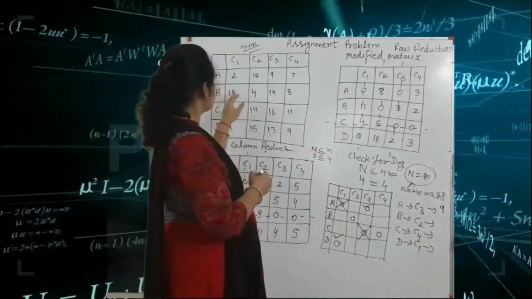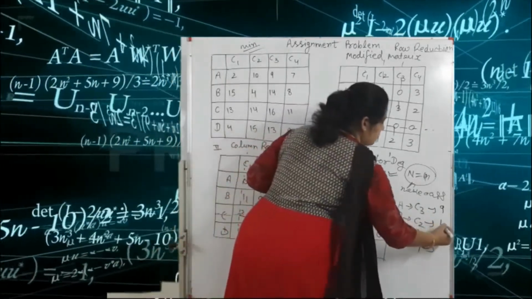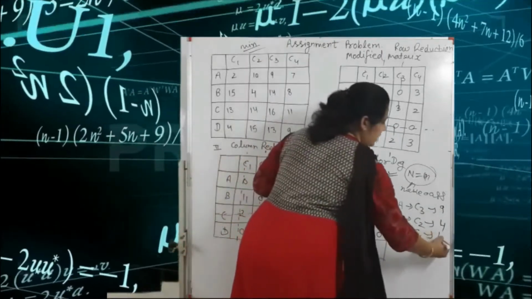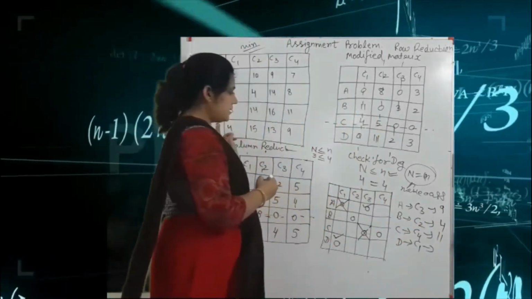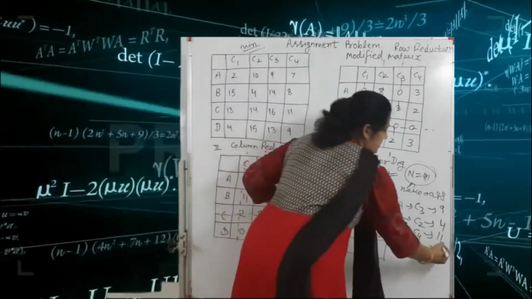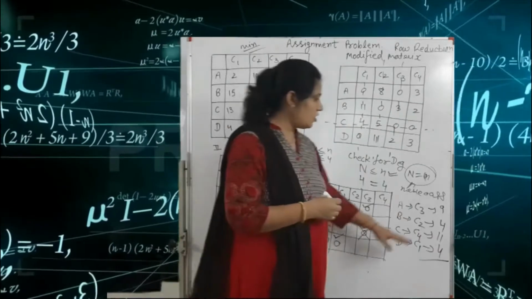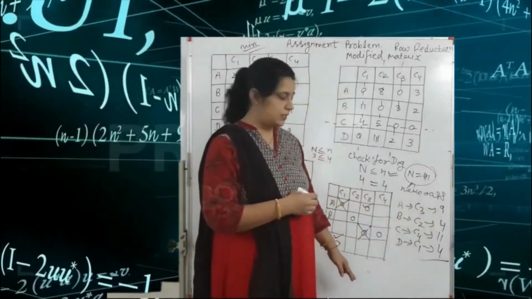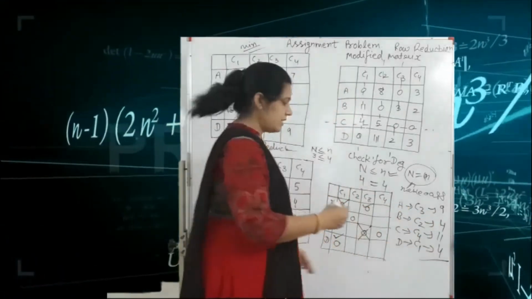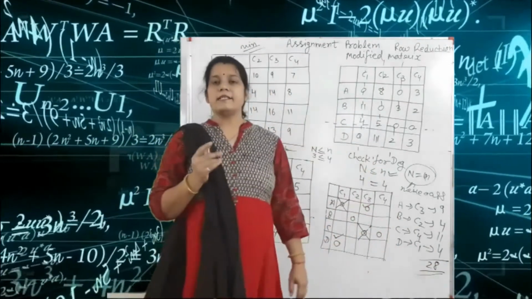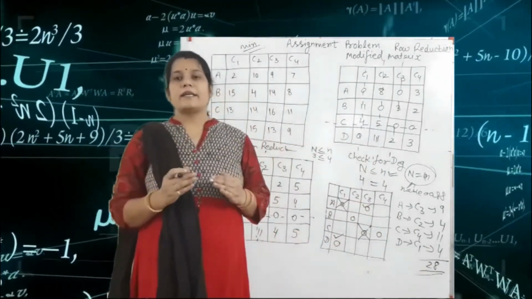B tends to C2, that means we write 4. C tends to C4, that means we write 11. And D tends to C1, that means we write 4. So our total assignment cost is 9 plus 4 is 13, plus 4 is 17, plus 11 is 28. So 28 is our total assignment cost.